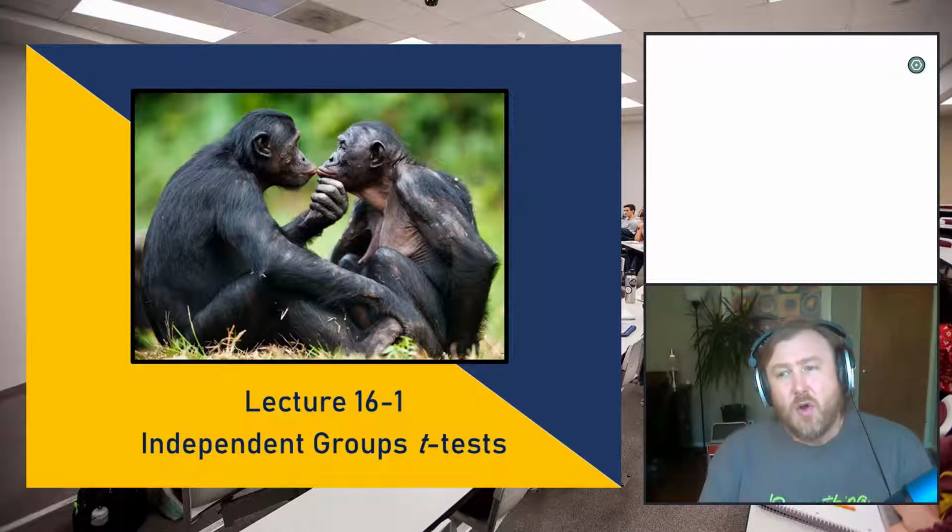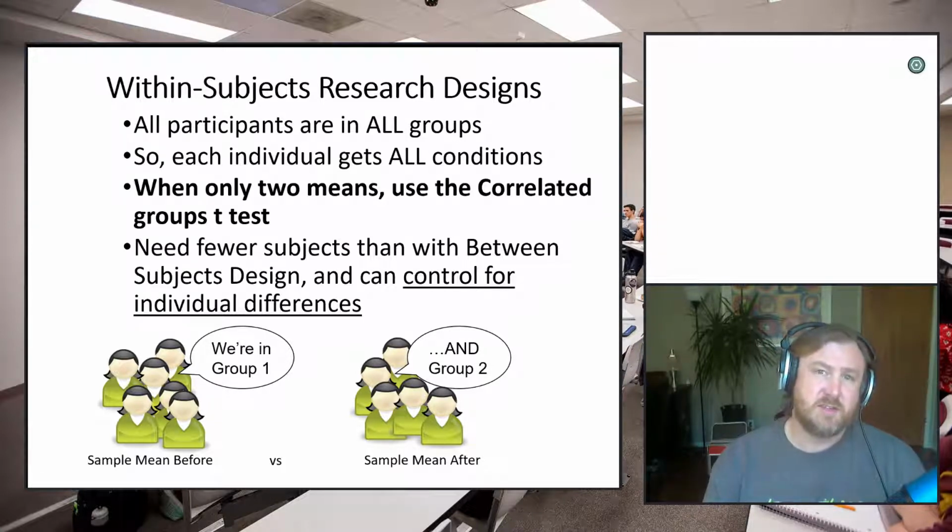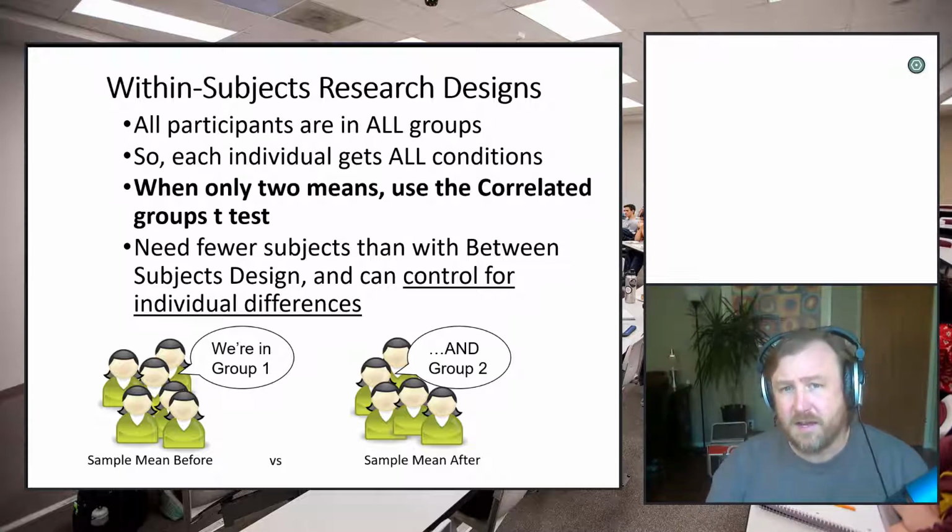So during the last lecture, we discussed distinctions between within subjects and between subjects research designs. And so I wanted to briefly review some of that content here. So we call a research design a within subjects design whenever all participants receive both levels of the independent variable, or all levels of the independent variable.